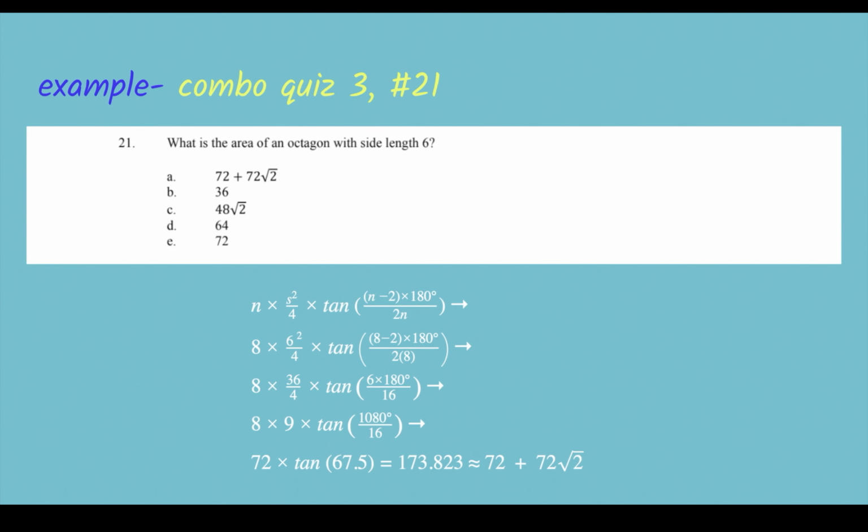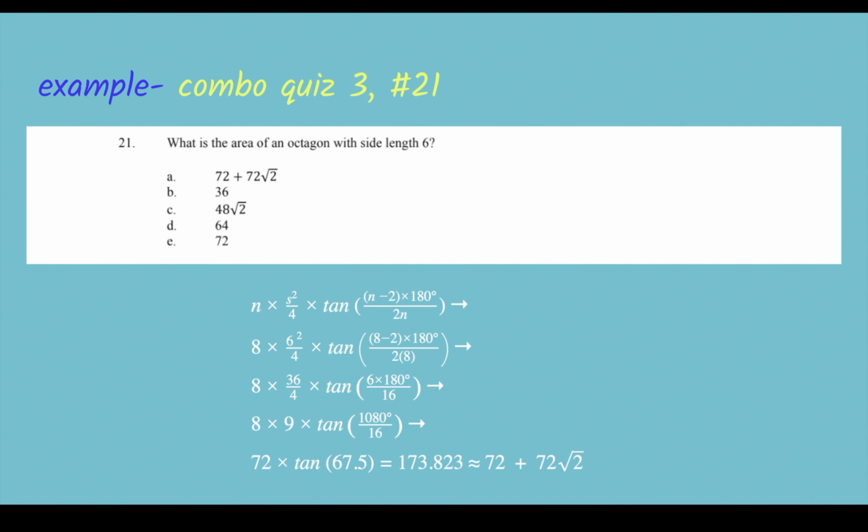So the first line shows n times s squared over 4 times tangent, and then parentheses open again, n minus 2, parentheses close, times 180 degrees over 2n, parentheses close. And then we're going to apply our knowledge, and so we know that an octagon has 8 sides, and so n equals 8 in the equation, and the side length, aka s, will be 6 now.